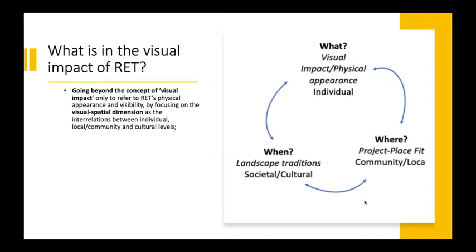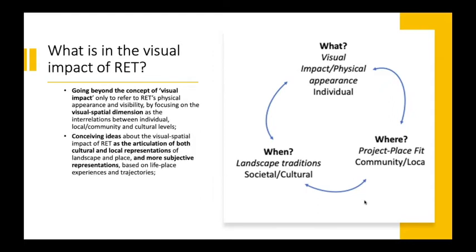By proposing this more relational approach, we aim to, on one hand, clearly go beyond the concept of visual impact as such, because as Martin Volsing has already highlighted, and we further emphasize here, that tends to mainly only refer to RET's physical appearance and visibility. And we think that what we should be looking at is the visual spatial impacts of renewable energy technologies as the interrelations between individual, local, community, and cultural levels.